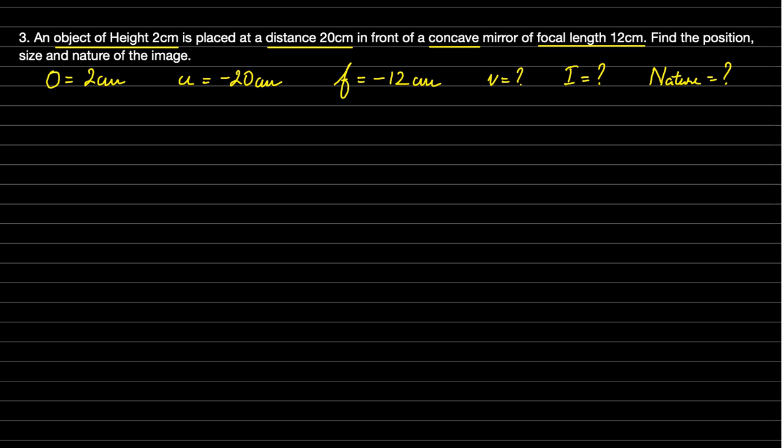If you are really good with ray diagrams, we can easily tell that the nature of the image is going to be real and inverted. Since I have written it as inverted, I should get the value of I to be negative. Let's see if we get that or not.